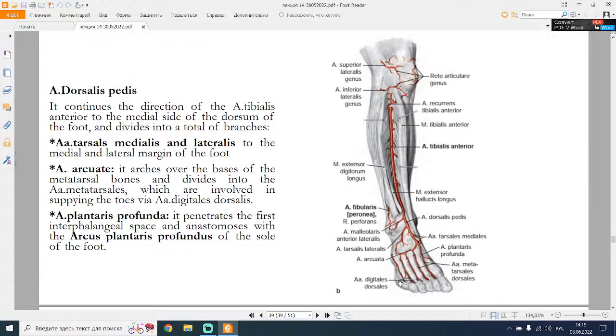Arteria plantaris profunda penetrates the first interosseous space and anastomoses with the arcus plantaris profundus of the sole of the foot.